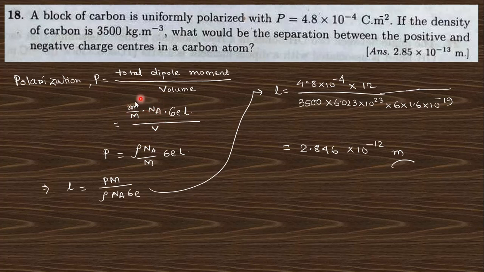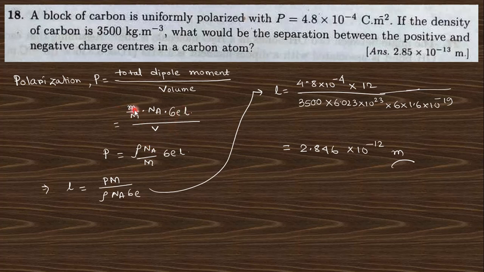That means this is the total number of dipoles, and for each dipole the charge will be 6e, because carbon has 6 protons. So 6e times L, charge into distance, is the dipole moment of one single dipole, and this is the number. So this gives you the total dipole moment, right?